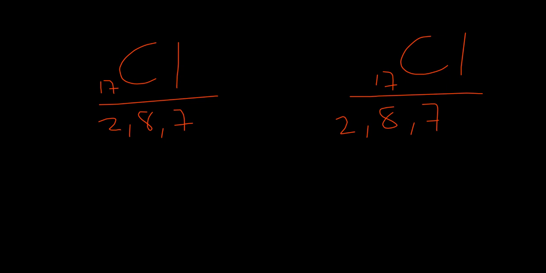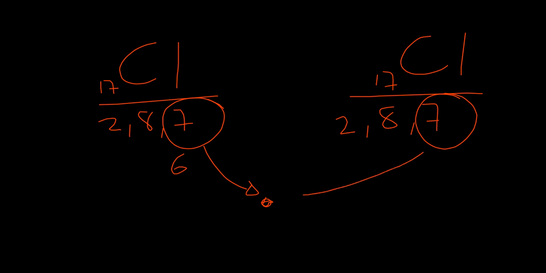So remember, the focus first is on the valence electrons. The first chlorine, out of the 7 valence electrons, can give one electron into, let's say, the bucket. So you are left with 6 electrons. The second chlorine would also give out one of its electrons, meaning you are left with 6 electrons.